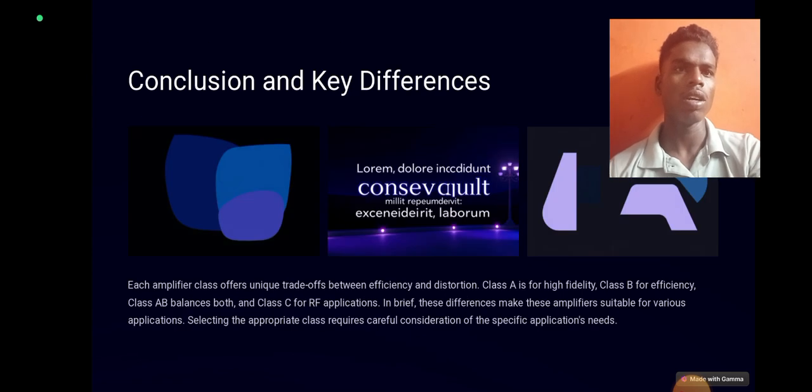Conclusion and key differences. Each amplifier class offers unique trade-offs between efficiency and distortion. Class A is for high fidelity, Class B for efficiency, Class AB balances both, and Class C for RF applications.